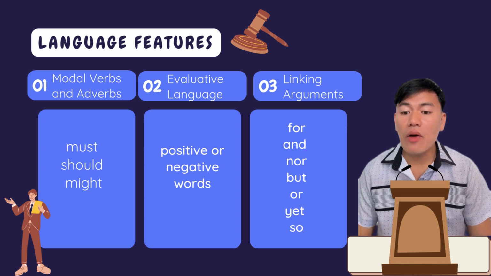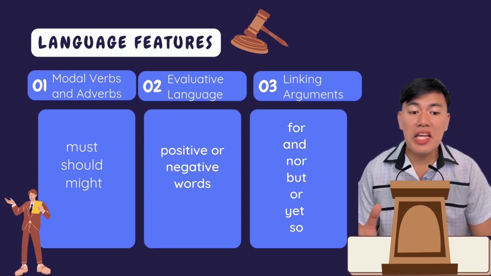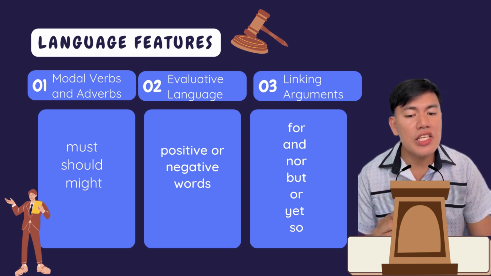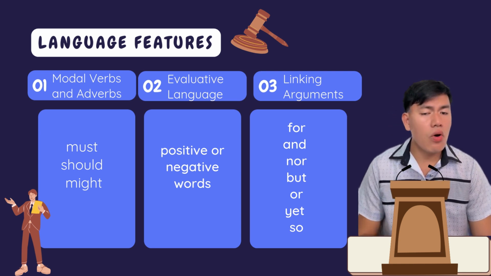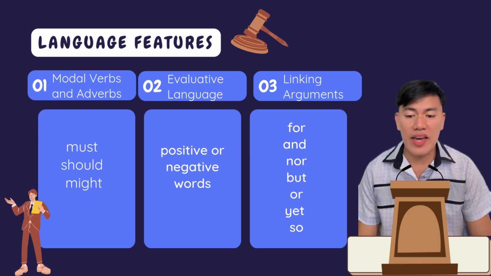Second is the evaluative language, using descriptive words containing positive or negative meaning. Because if you consistently choose negative or positive words, your reader can be influenced to see things in the same way.